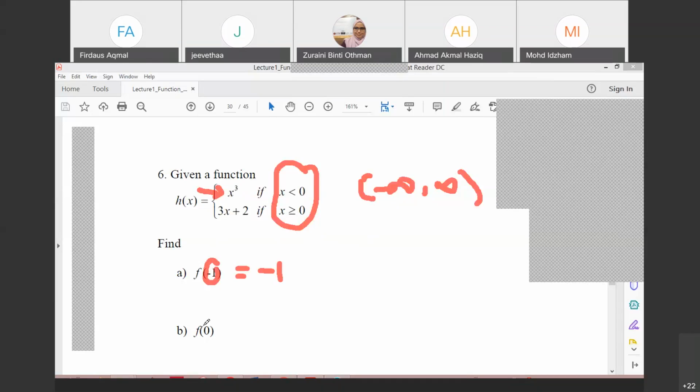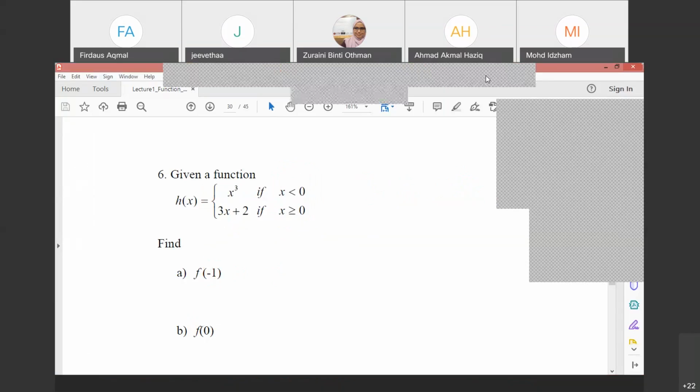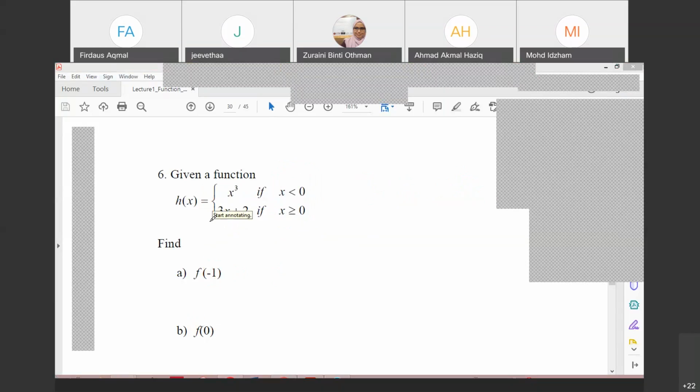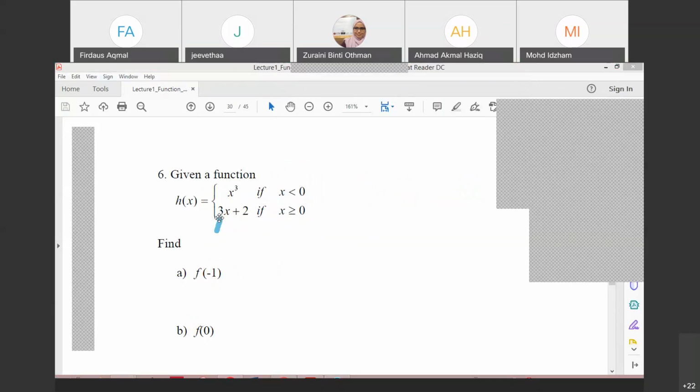So when it is 0, what is the value? So when it is 0, we look at this function, right? So what is the value for that? When 0, 0 sama juga. Kalau dia kosong, jawapan dia berapa? Kat sini B. Okay, 2. Good. Okay.